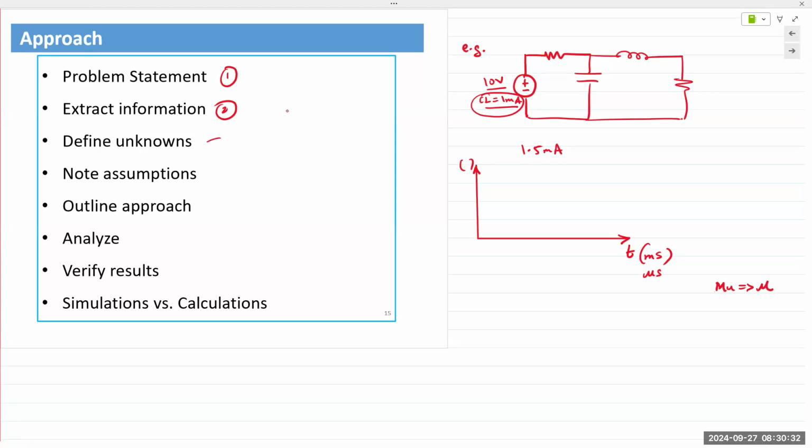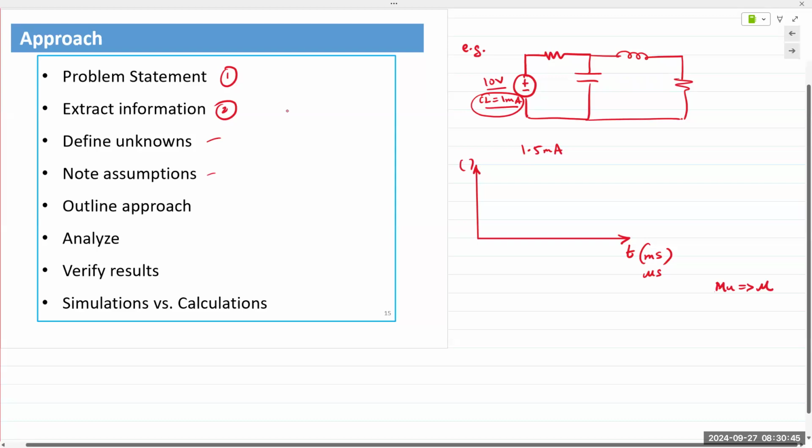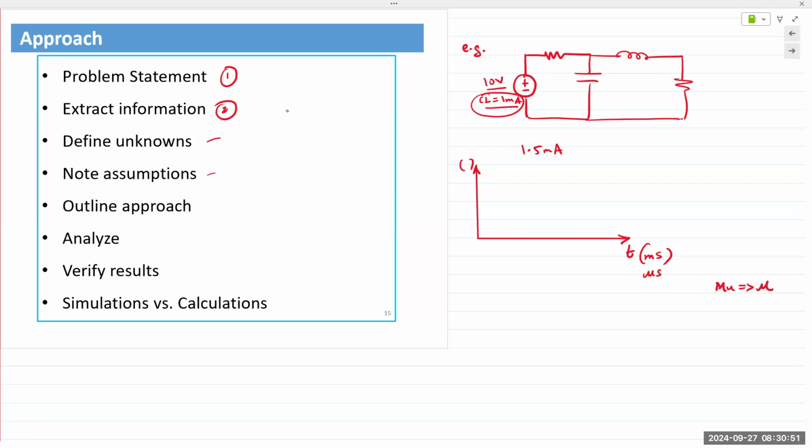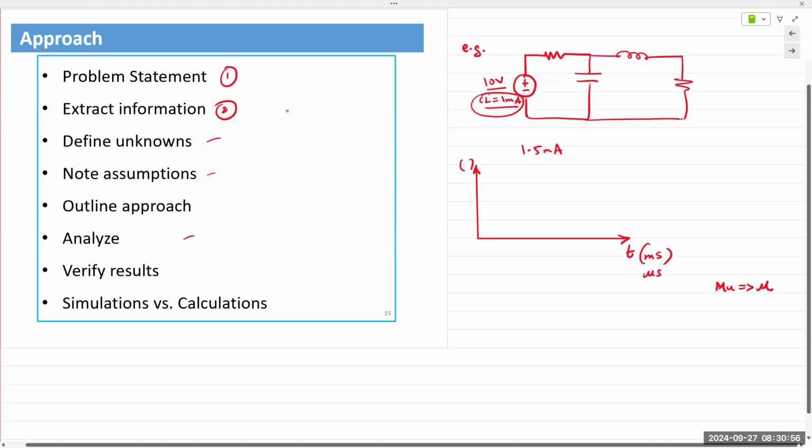Oftentimes, we do not have all the information given to us, so we often make certain assumptions. We modify the circuit in certain ways, which we'll look at when we do Thevenin and Norton. And then once we note the assumptions, outline your approach. Sometimes I'm in a rush and I tend to just skip through those. Then perform your analysis, and once you perform your analysis, you need to verify your results and see if they match your assumptions.